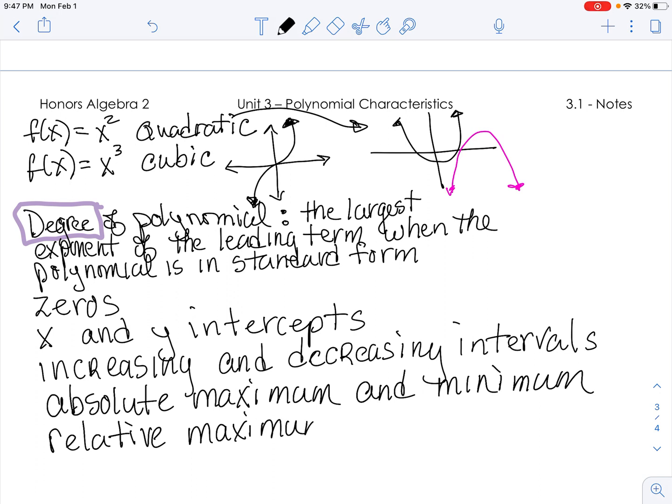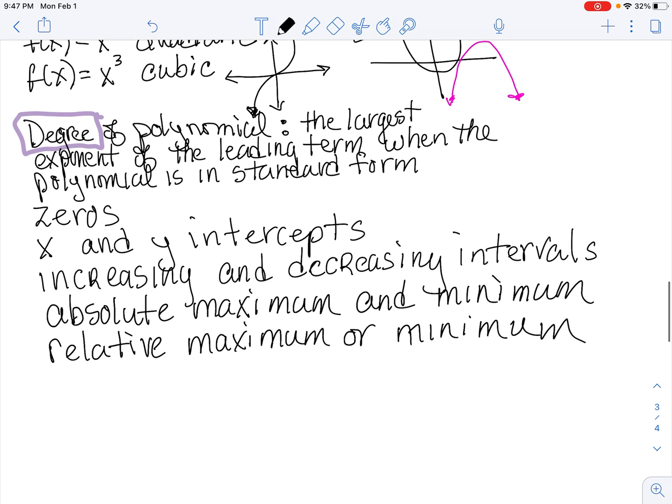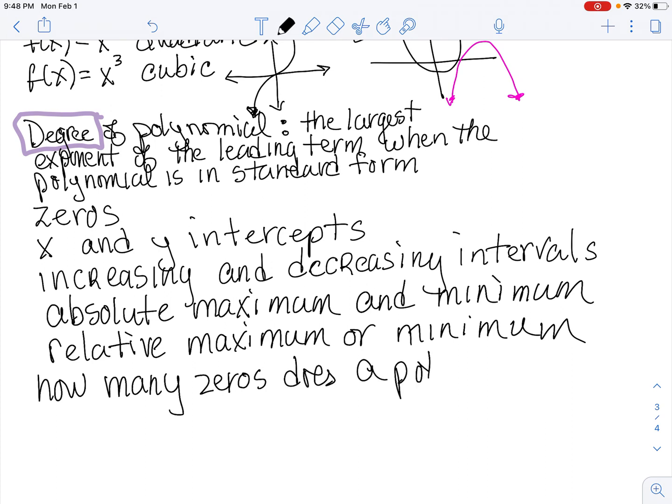Relative maximum or minimum. And that's a high point or a low point. Okay. How many zeros does a polynomial have?